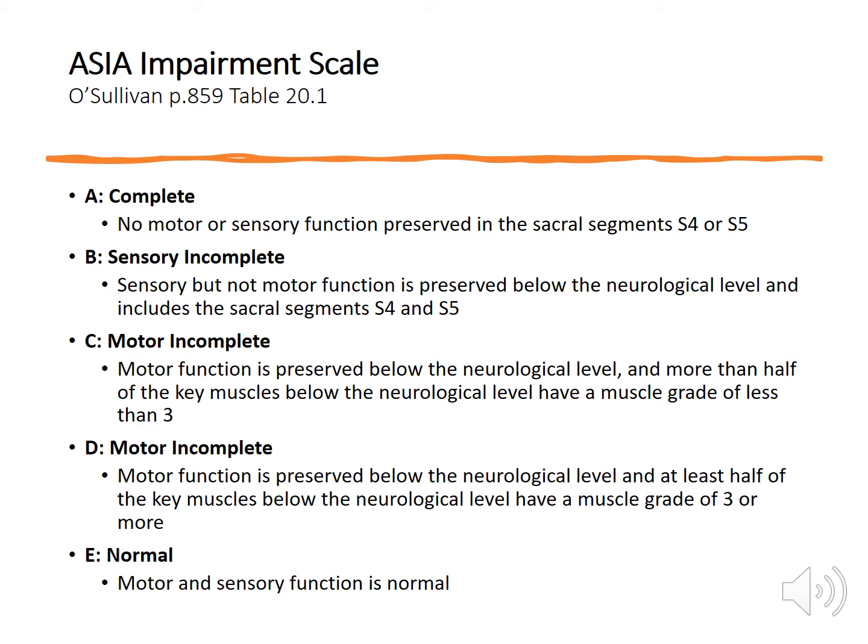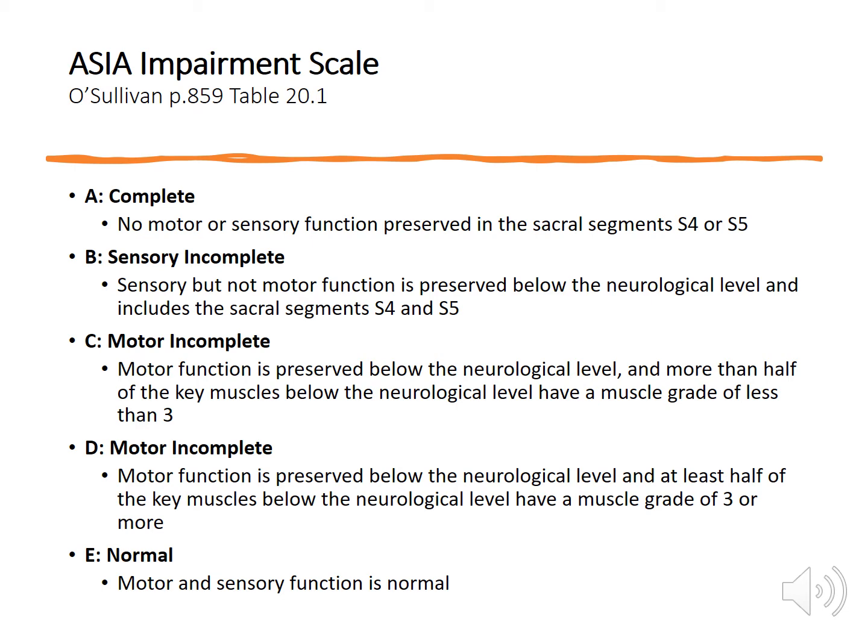So everything below the level that we classified that patient as is going to be lower than a 3 out of 5. Therefore, we cannot go any further down because everything is lower. It has to be, remember, 3 out of 5, and then everything above it has to be a 5 out of 5. So this would be classified as a C5 class C or a C5 motor incomplete. And also know that with motor incomplete, S4 and S5 are spared as well. So there is sensation there.